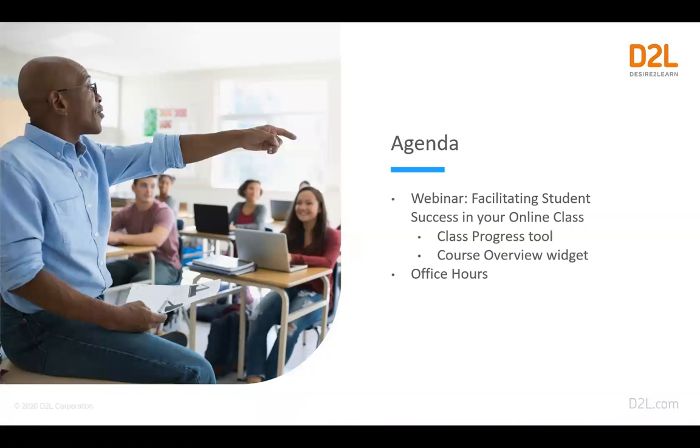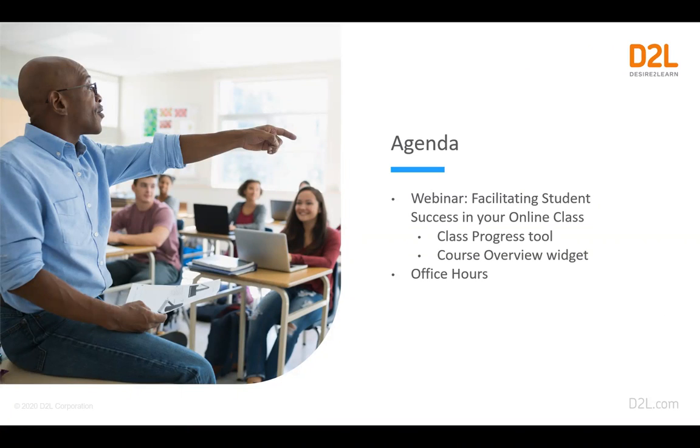Our agenda for today is divided into 2 parts. The first 30 minutes of this session is going to be a webinar where we chat about some of the ways that Brightspace can help with facilitating student success in your online class, namely our class progress tool and our course overview widget.